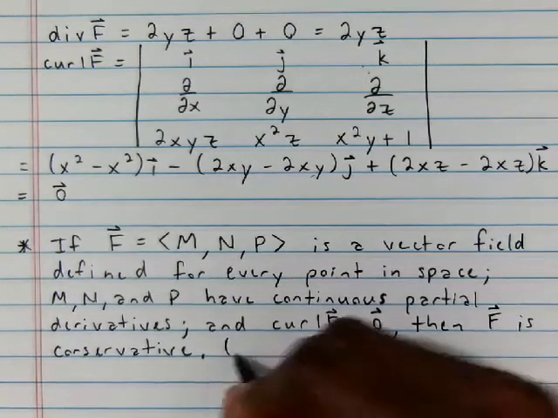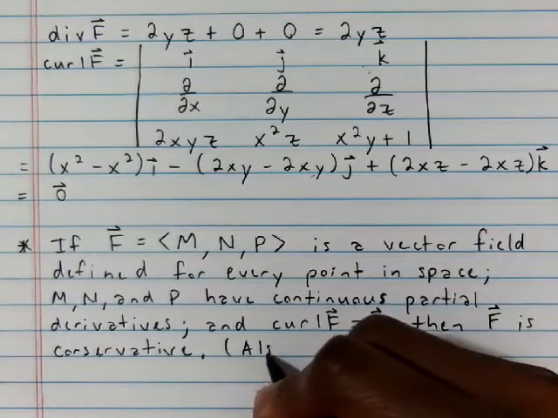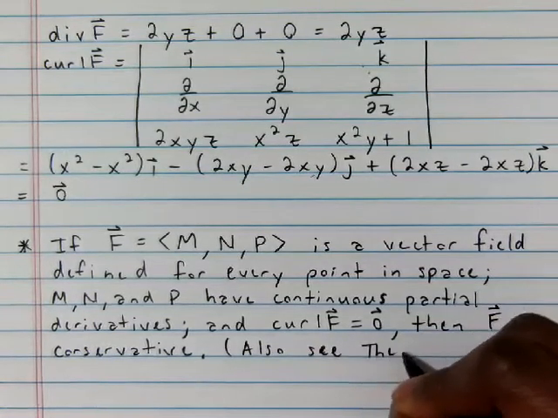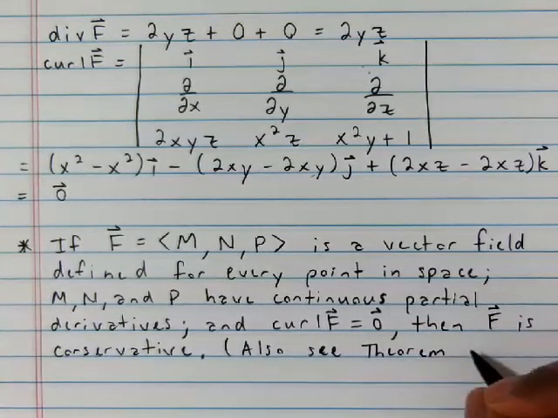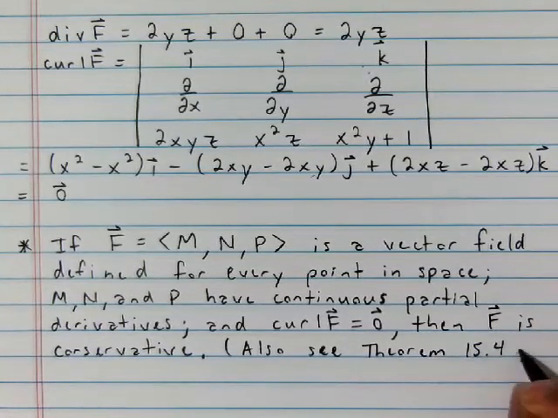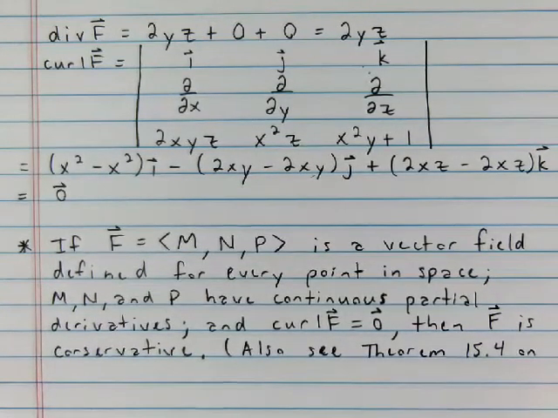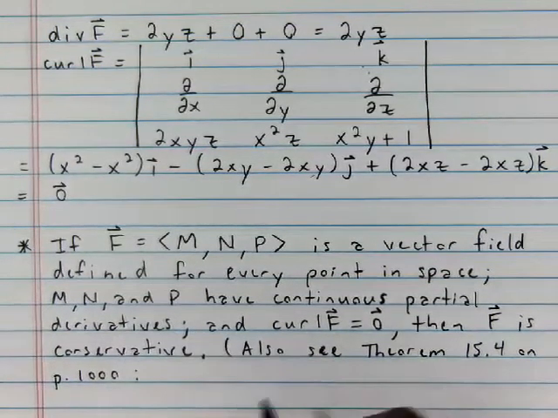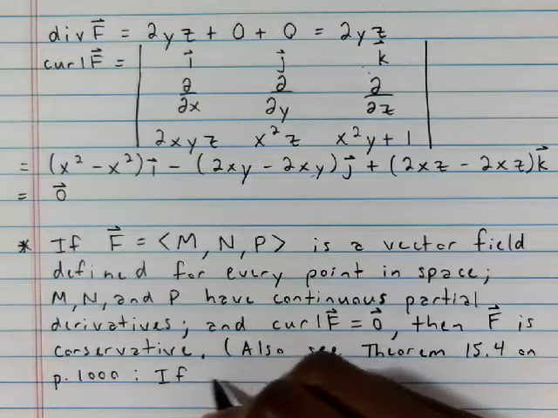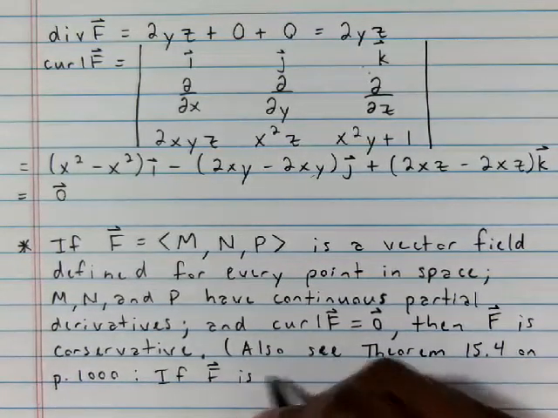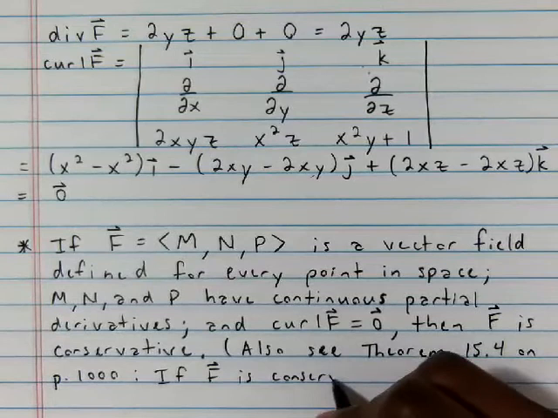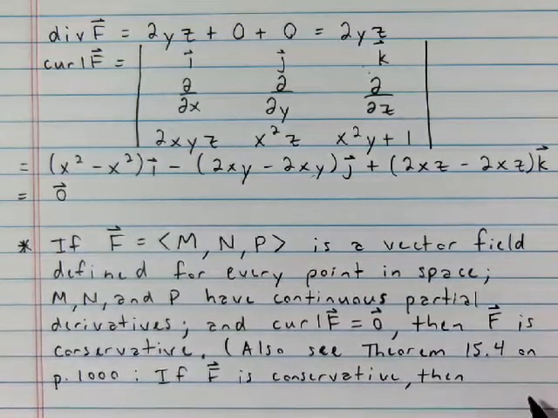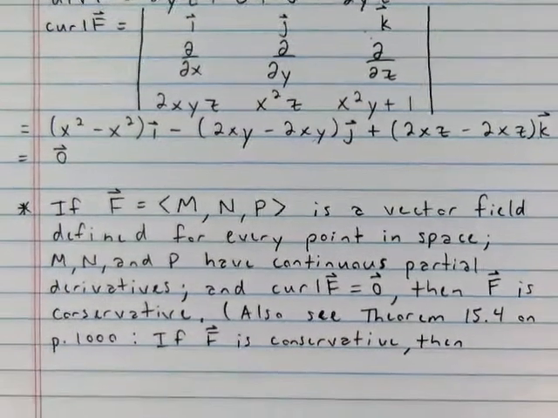Another thing to point out, also see theorem 15.4 on page 1000. What it states is if the vector field F is conservative, then the curl of F equals the 0 vector.